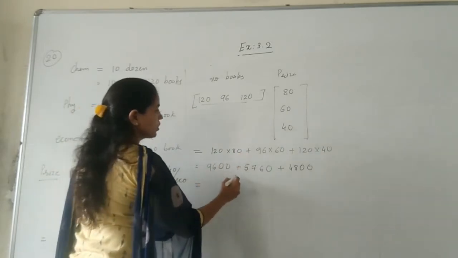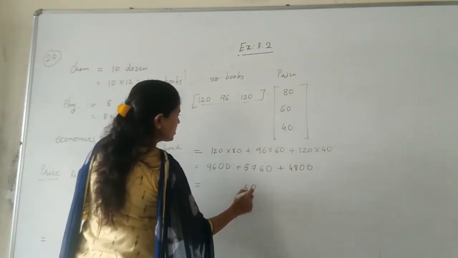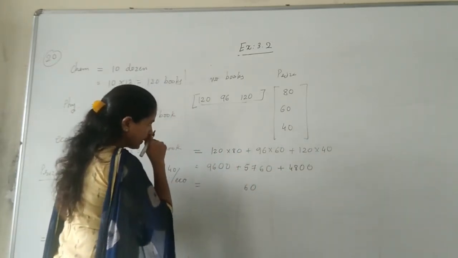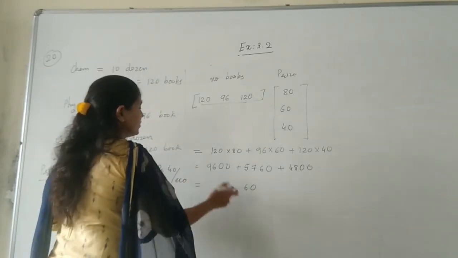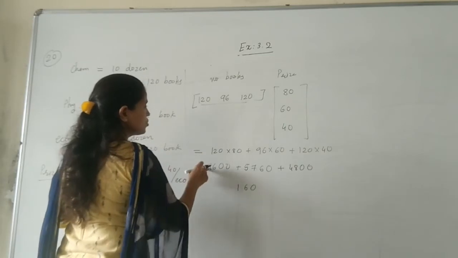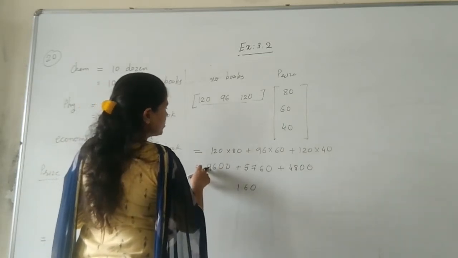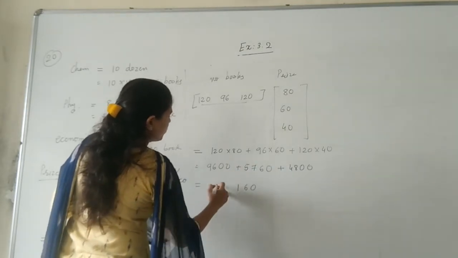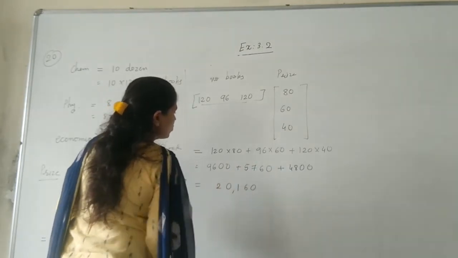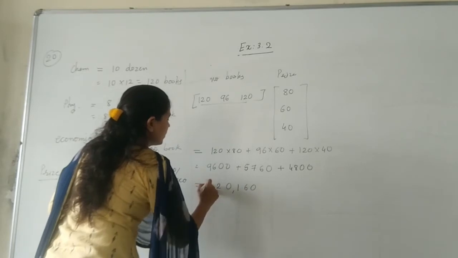Now just find out the total amount. 0, 6, 8 and 7 is 15, 15 and 6 is 21, 21 and 7 is 28, 2 carried, so 9 and 11 is 20, 11 and 5 is 16, 16 and 4 is 20.